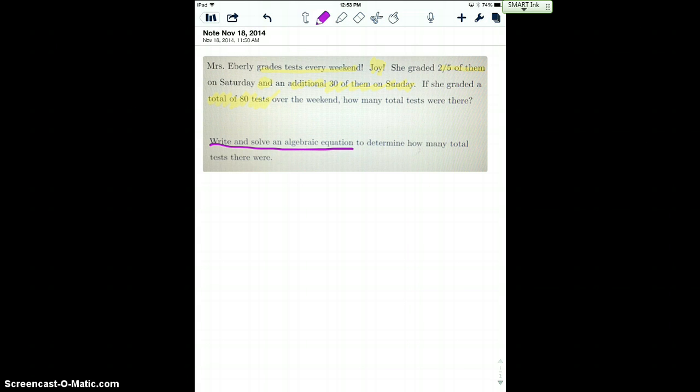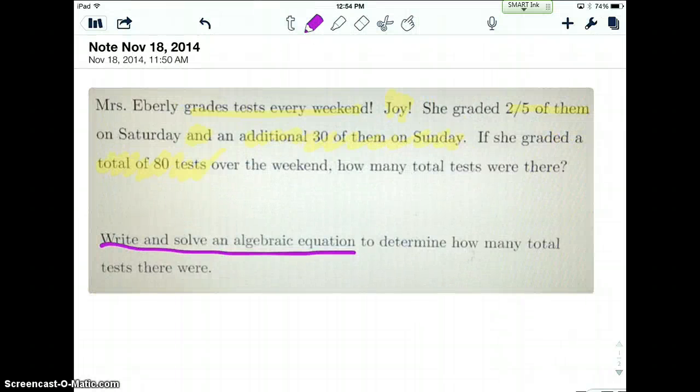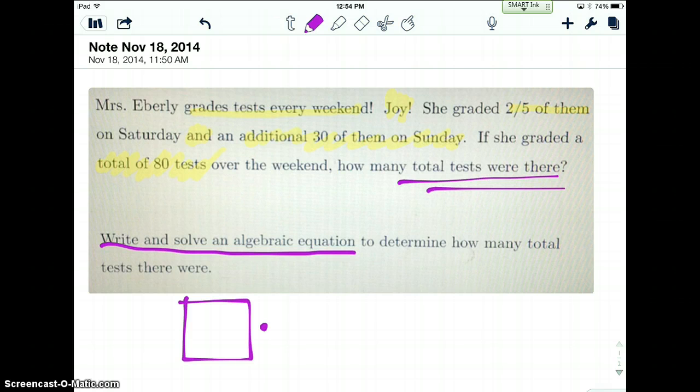Okay, so the equation we're going for. I highlighted some things. Maybe you already have the equation. Try it. I'll give you a hint. It's going to be something times an unknown, which the unknown is going to be the total amount of tests.